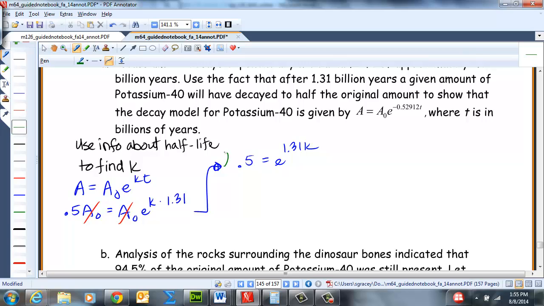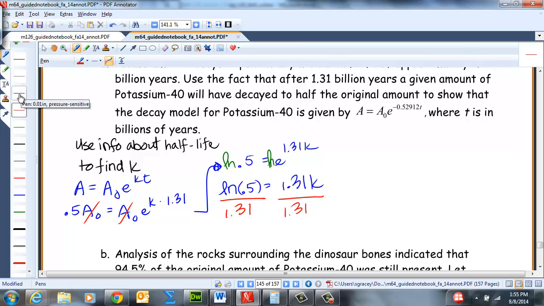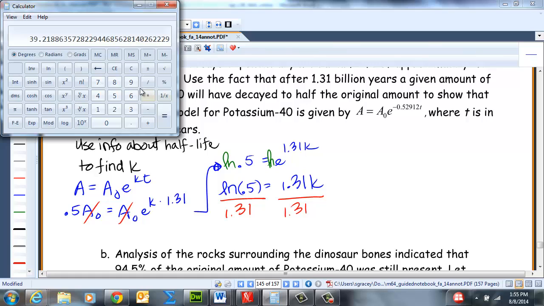Now, evaluating the natural log of both sides, we get natural log of 0.5 is 1.31 times k. Dividing both sides by 1.31, we get the natural log of 0.5 divided by 1.31 equals.